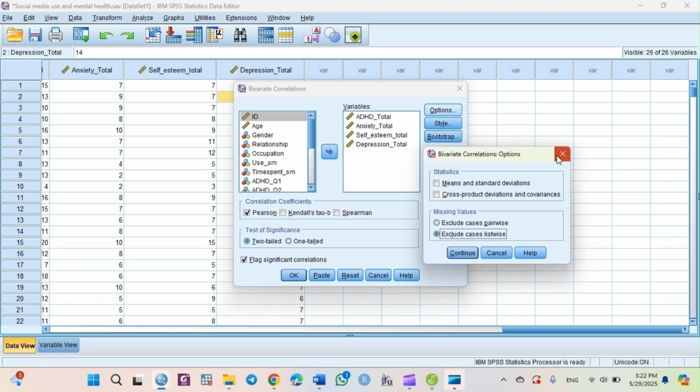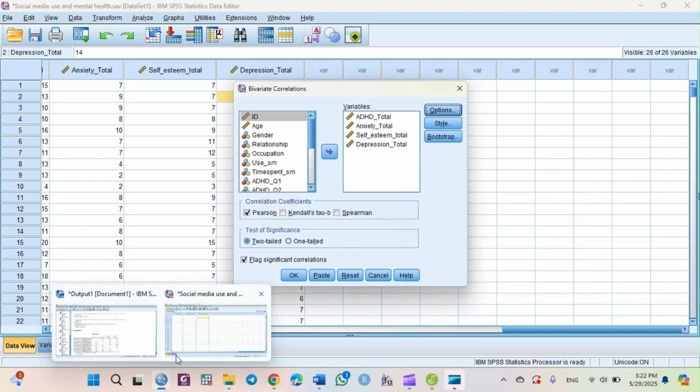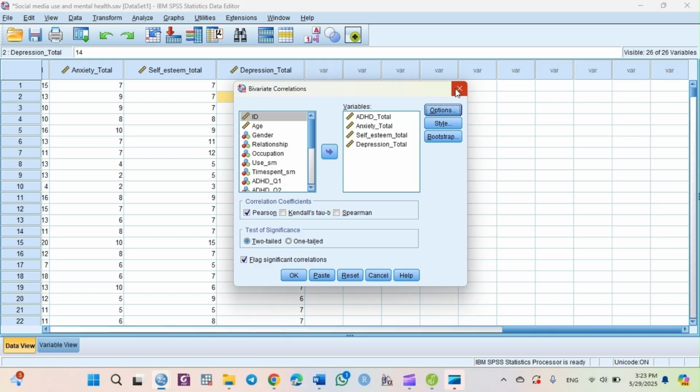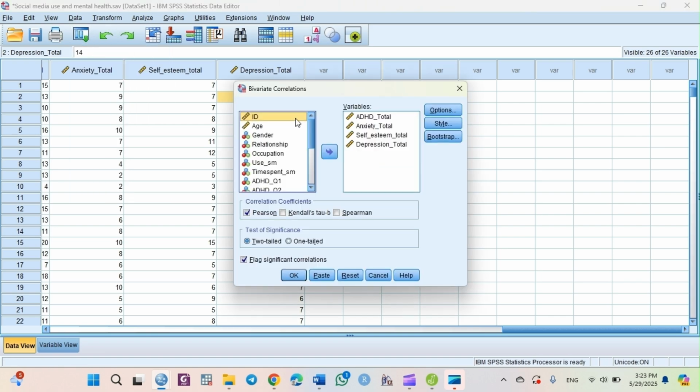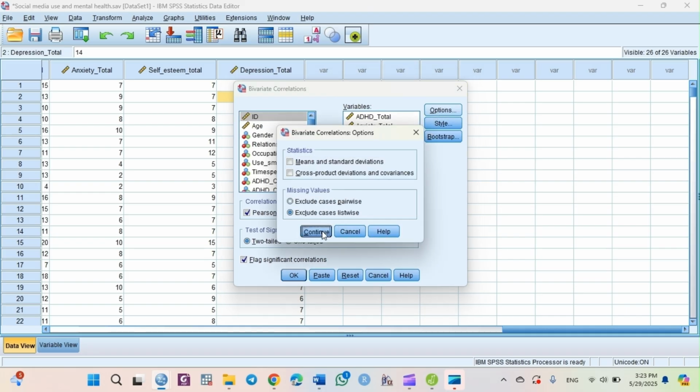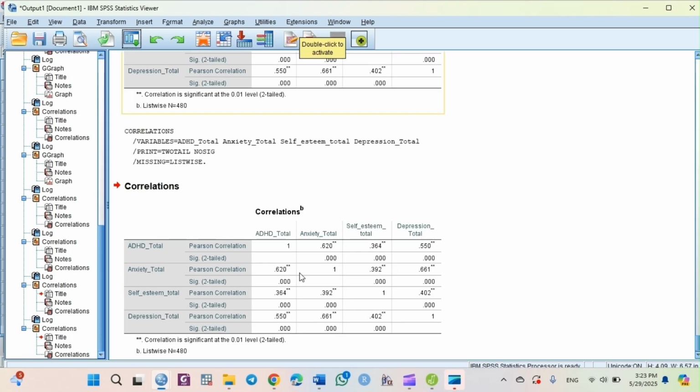Let's see by example. Let's say in our data set we make this one missing. Our total sample size is 481. If you run this analysis with listwise, it will give you n of 480.